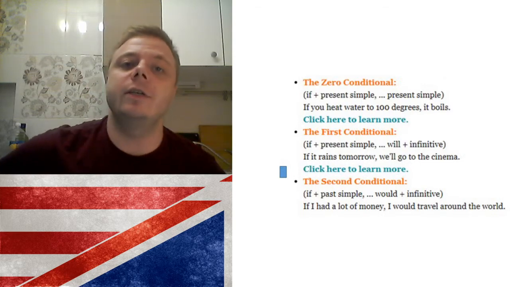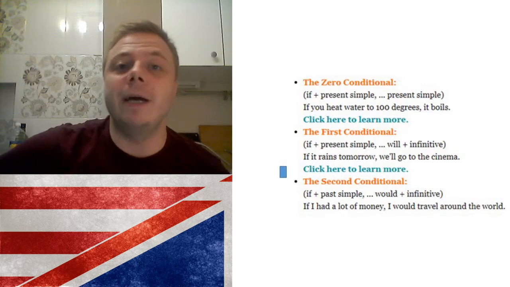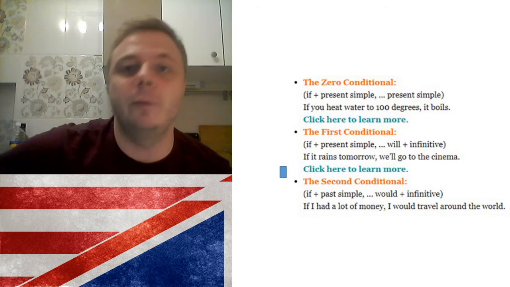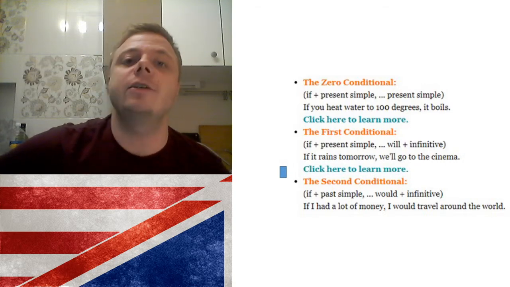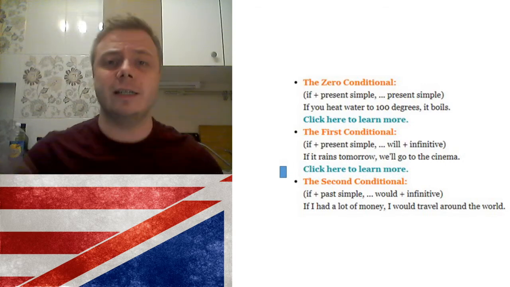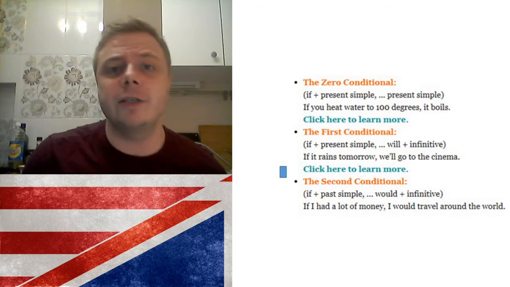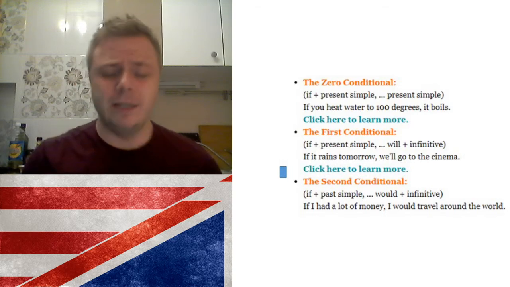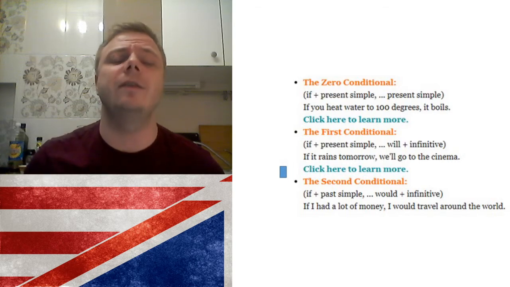The third conditional is used about impossible, improbable, imaginary situations in the past that we cannot change. And the last conditional is a mixed conditional. You can combine it, and we can talk about different conditions, different time, a different probable result, in the future, in the present, in the past.